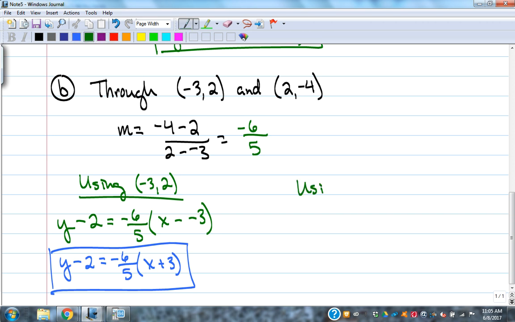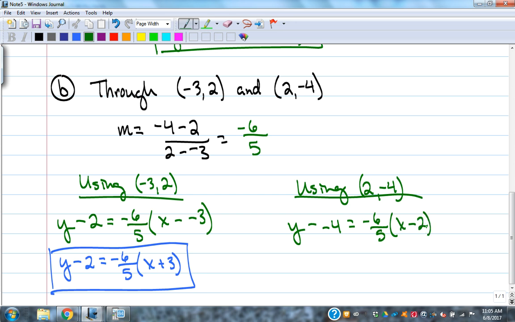If you're using (2, -4), then it's y minus -4 equals -6/5 times (x minus 2). And you simplify that to be y plus 4 equals -6/5 times (x minus 2).